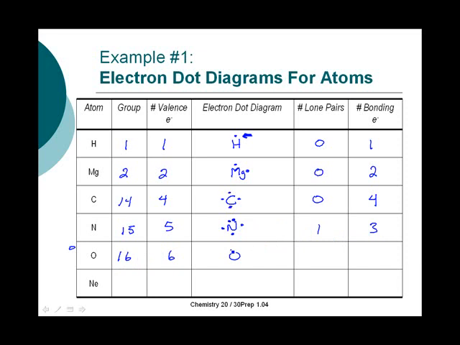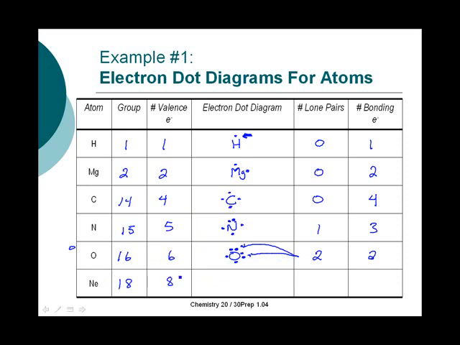Since we have more than 4, some pairing occurs. We put in our first 4 electrons and then start pairing up, so we're going to pair up twice. There's an oxygen dot diagram. It has 2 lone pairs and 2 bonding electrons. The lone pairs are the pairs of electrons in orbitals, and the other 2 lonely little electrons are the bonding electrons. That's where the terminology sometimes gets confusing, even for me.